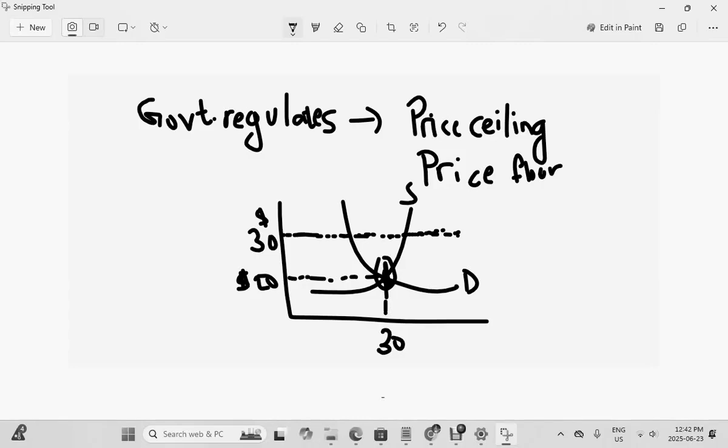In that case, the demand curve, which is this one over here, let's suppose this is D0, will shift to the right. And when it shifts to the right, this will be a new equilibrium point. Let's assume that this is EQ1.